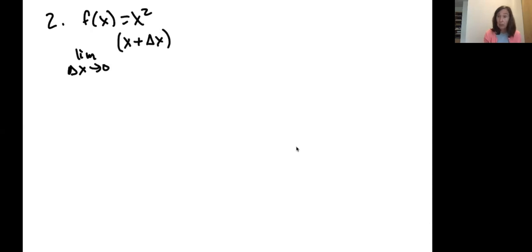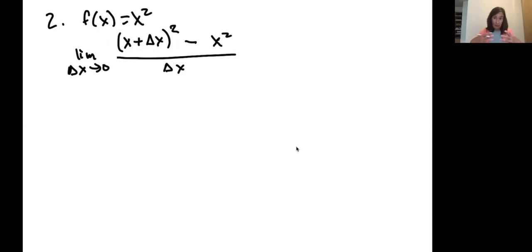What I'm doing now, I'm applying f to x plus delta x by squaring it, minus x squared. So this is my y1 value, my ending value, and this is my y0 value, my starting value here. It's my delta y, the whole thing in the numerator, and delta x in the denominator.